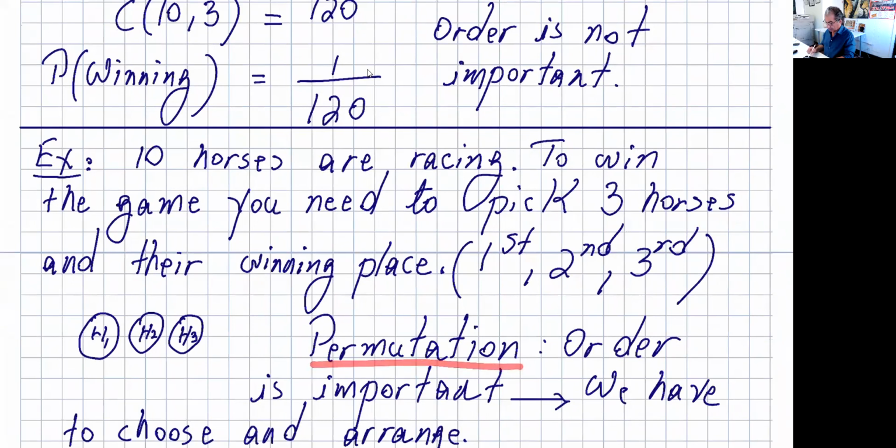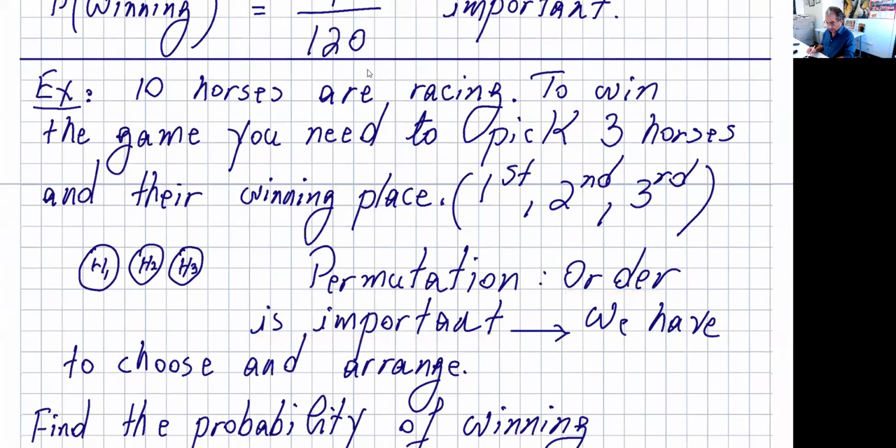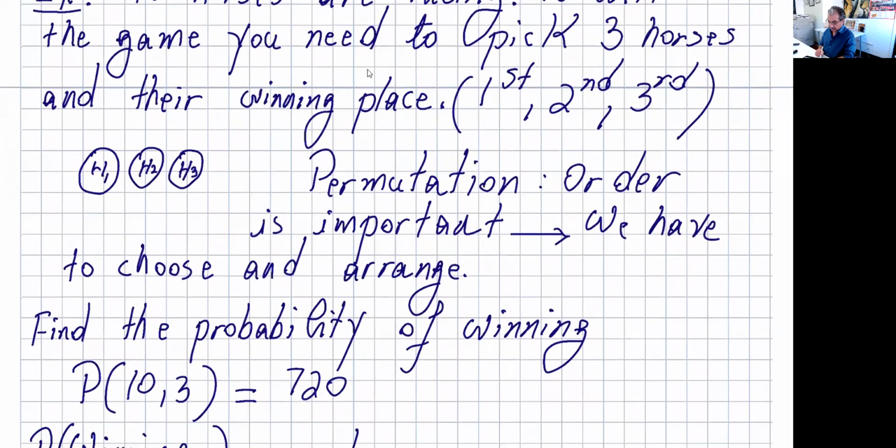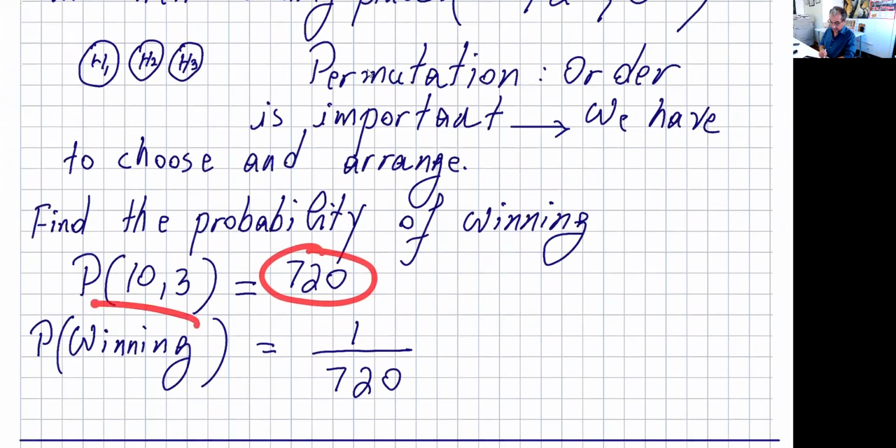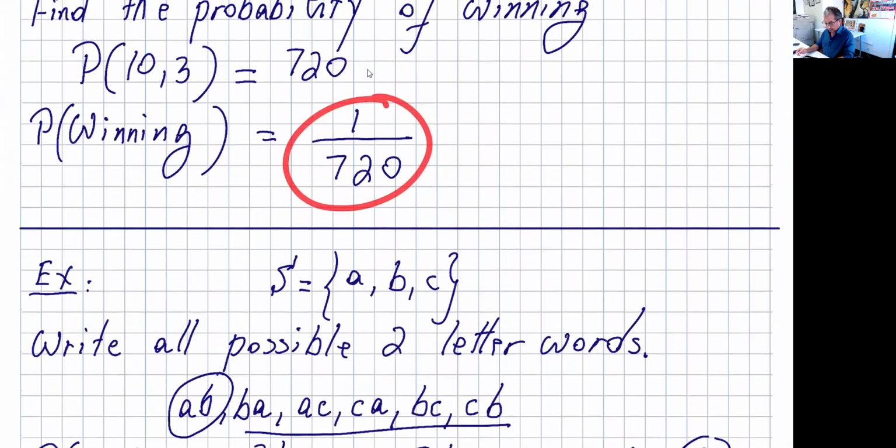This is permutation, and I put order is important. So we have to choose and arrange. When you choose and arrange, that is permutation. Find the probability of winning. So the number of outcomes in the sample space is P(10, 3), and if you do that, you get 720. P of winning is 1 out of 720.